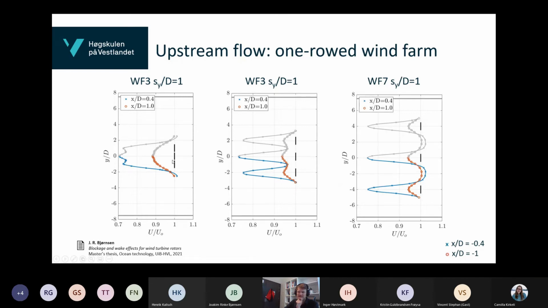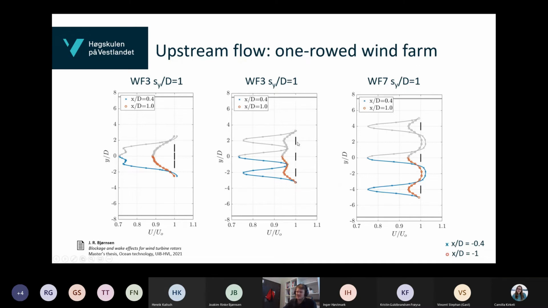This is because in the third dimension there is some space in between the disks. But we see clearly that those induction zones are merging into one induction zone, and that the velocity reduction in front of the central disk is significantly larger than in front of the neighboring disks.